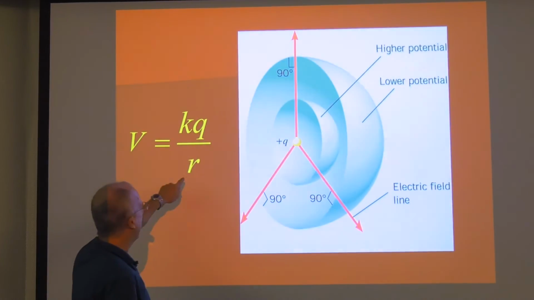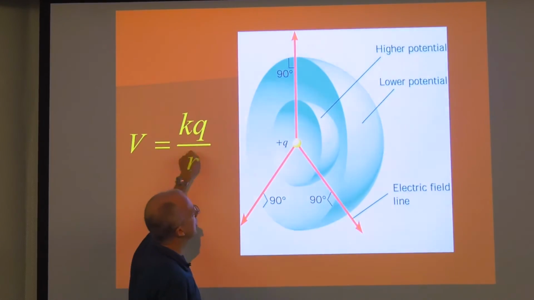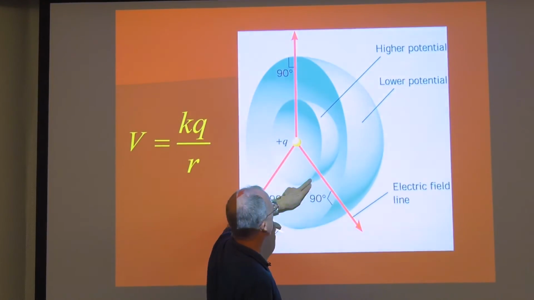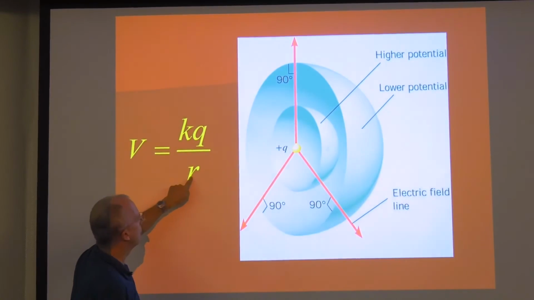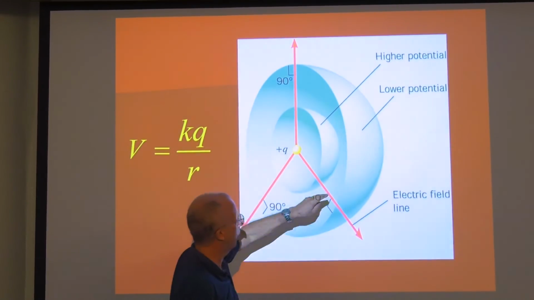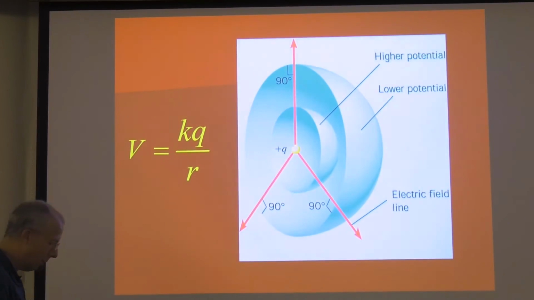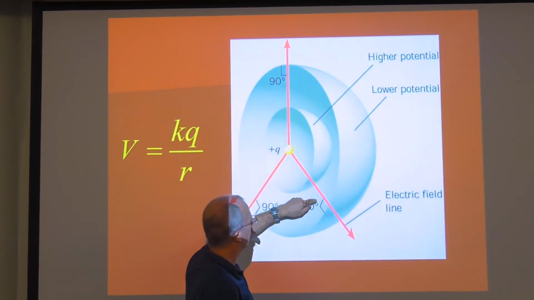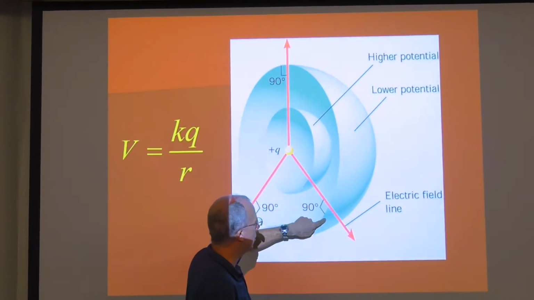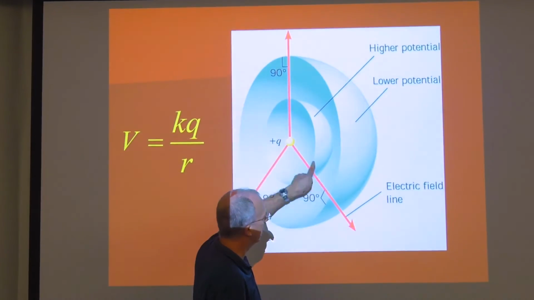And you can see if r is small, this will be large, so this has a higher potential. If r is larger, then this is small. So if you're further away, this has a lower potential. And again, we see that the E field, perpendicular to the equipotential surface, goes from high potential to low potential.